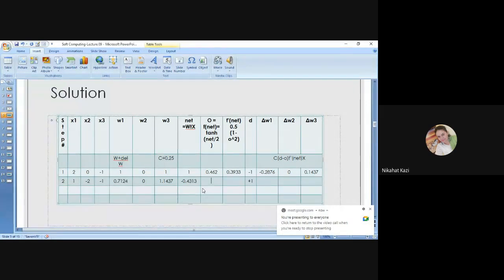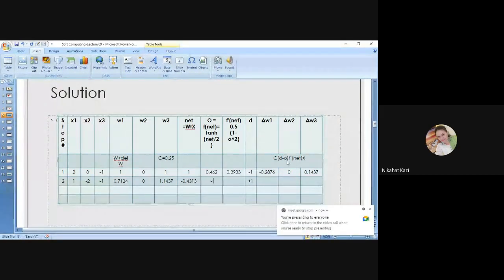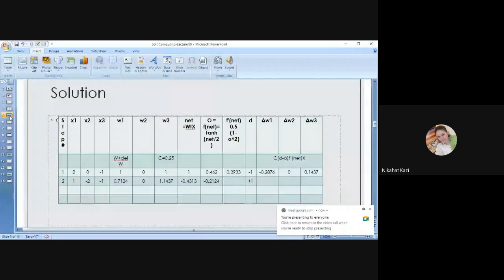So O is half of that net given to tanh. What is it? F dash net: 0.4774.